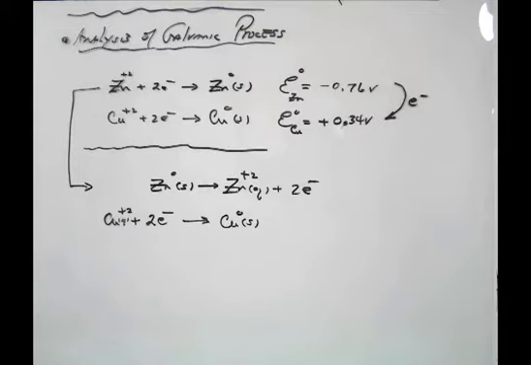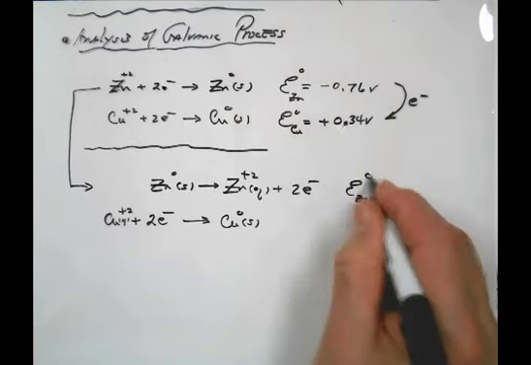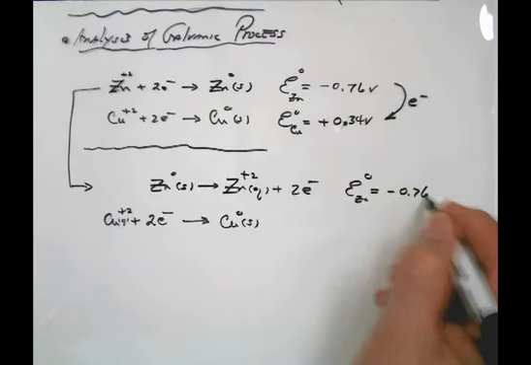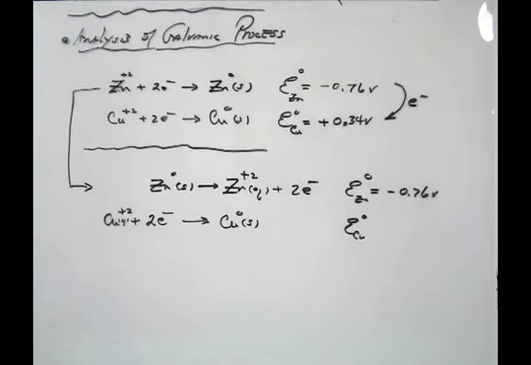To simplify the analysis of this, do not change the sign of your electrode potential. So the electrode potential we're going to be talking about is still going to be a minus 0.76. And the electrode potential for copper, this is the way I teach it, okay? The book teaches it a little bit opposite. They say you turn a reaction around, you got to change the sign. Okay, well the equation I use simplifies this. I'll show you.